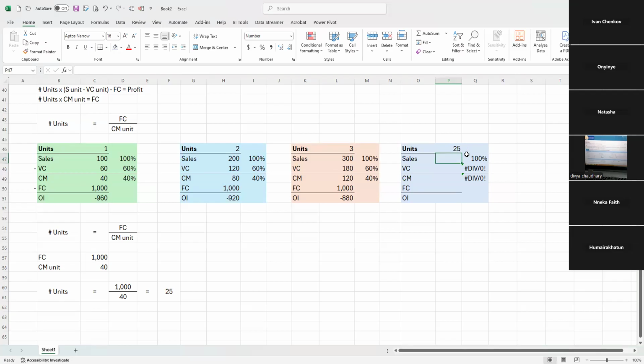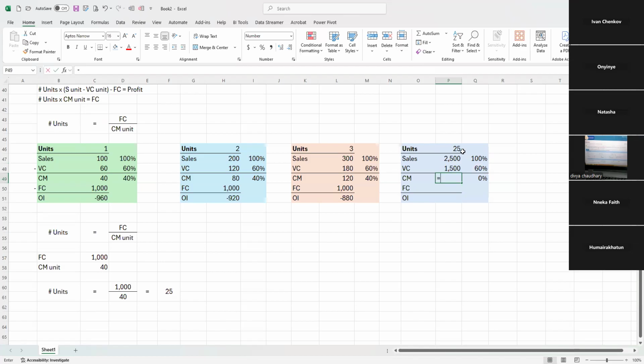Okay, if I'm selling 25 units, how much will be my total sales? 25 times 100, 2,500. How about the variable cost? 60 times 25, 1,500.